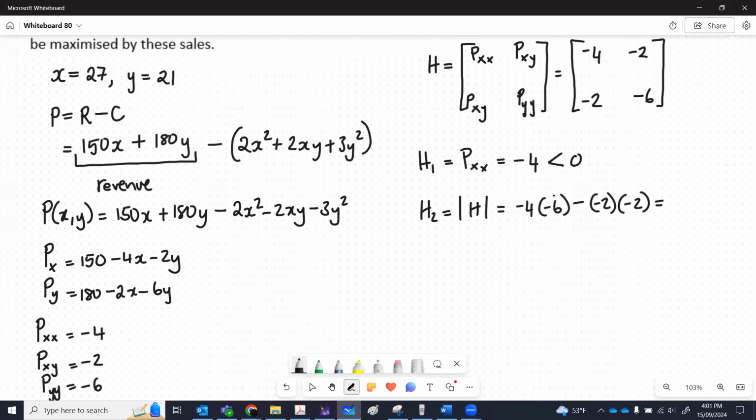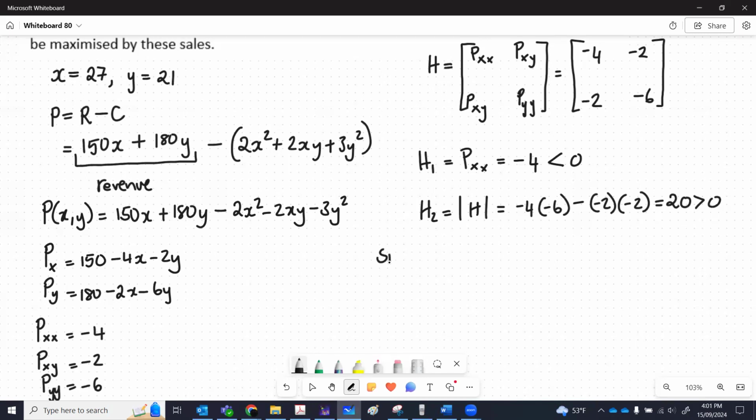So this is 24 and negative here will give us +4. So we have 24 minus 4 and this is equal to 20, which is positive. Okay, so we have H1 is negative, but H2 is positive. That means what we have here is a maximum.